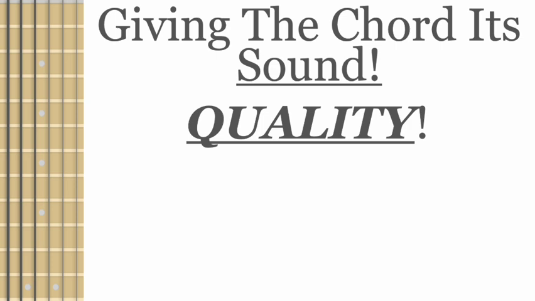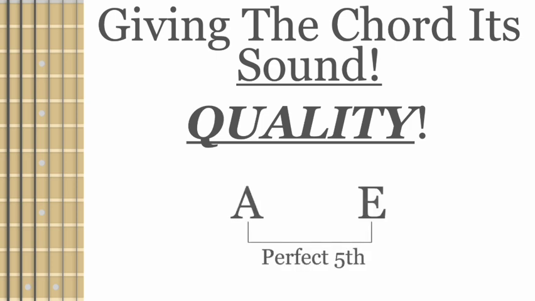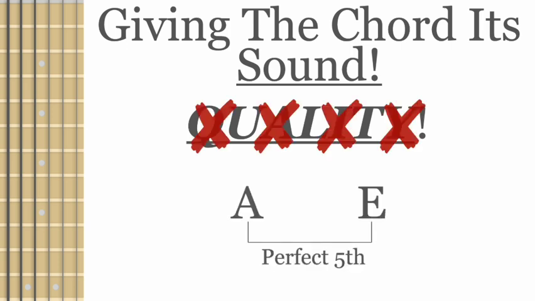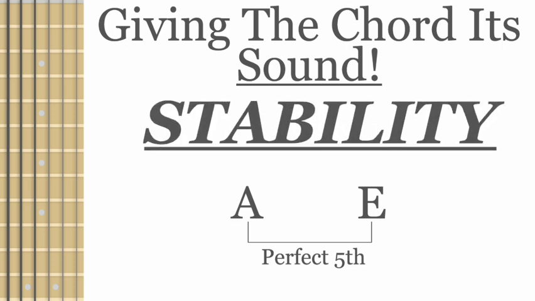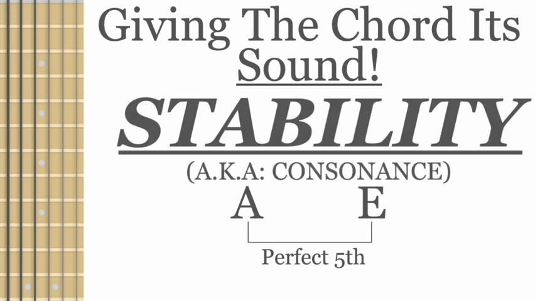Now, when we look at the power chord, the power chord just goes from A to E, which gives us our perfect fifth, which essentially means that we lose that quality. We do lose quality when it comes to power chords, but what we get in return is an incredible amount of stability or consonance, depending on how you want to look at it.